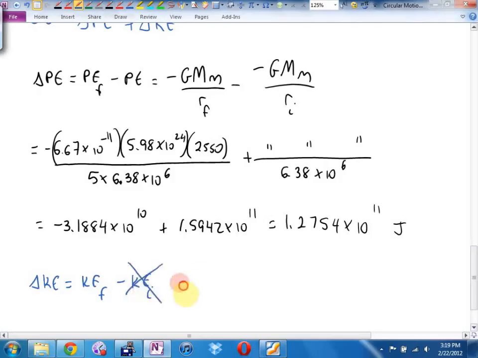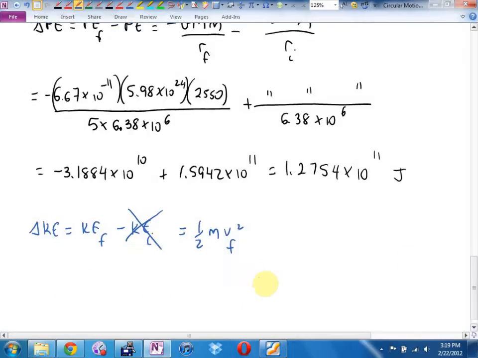So this is just going to be a half little m, because it's the mass that's moving, the satellite that's moving, v final squared. Of course, the problem is, how fast am I going? Don't know. What word is that right there?